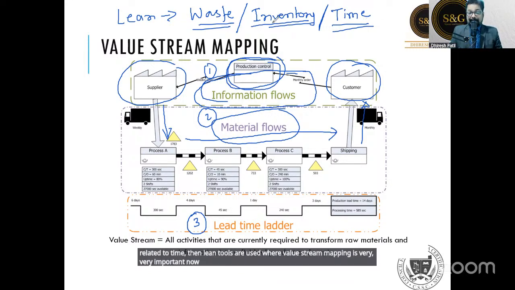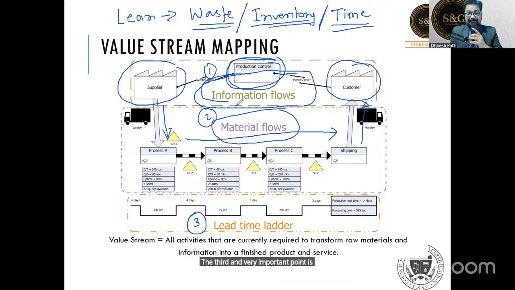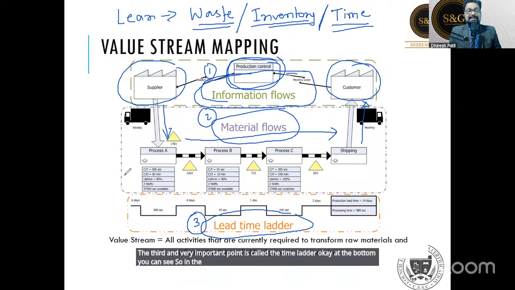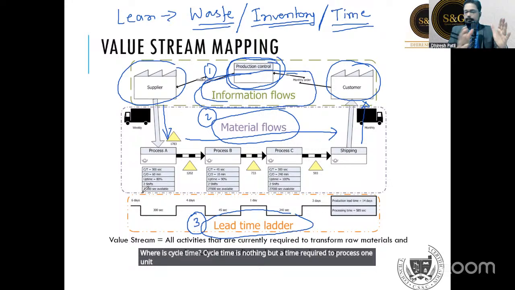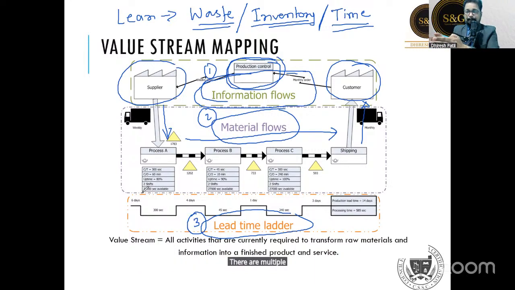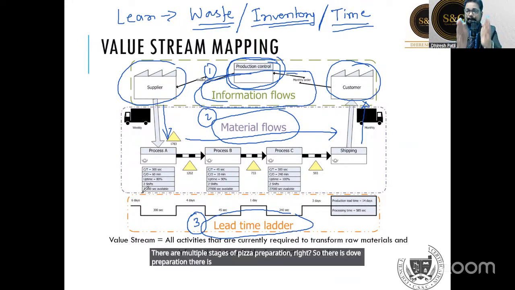Now, the third and very important point is called the time ladder. At the bottom, you can see. In the time ladder, we track the cycle time of each and every process step. What is cycle time? Cycle time is nothing but the time required to process one unit. In the pizza example as well, there are multiple stages of pizza preparation, right? There is dough preparation, there is topping addition, there is a baking process involved.